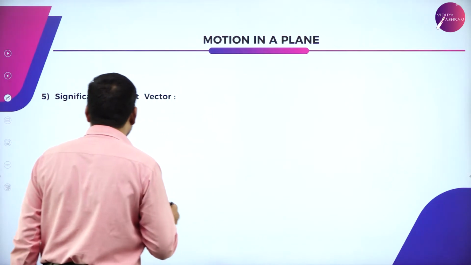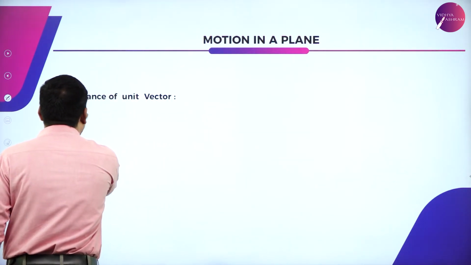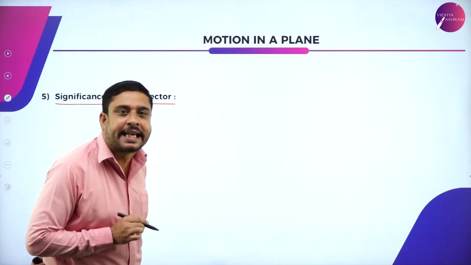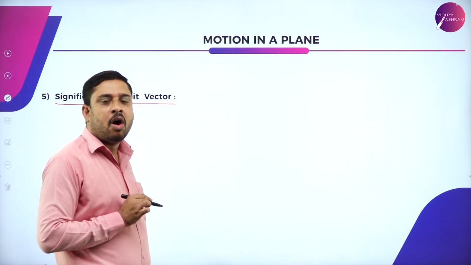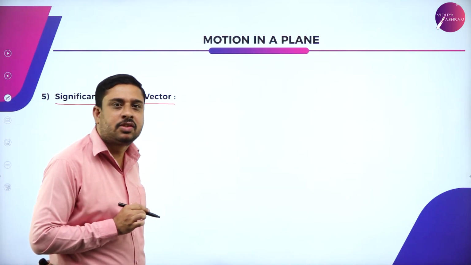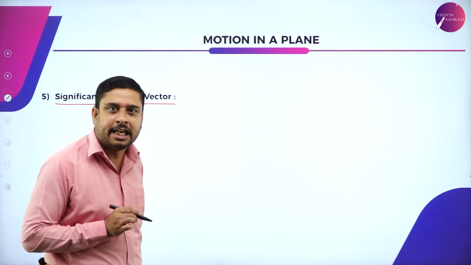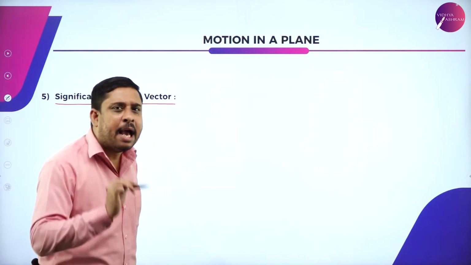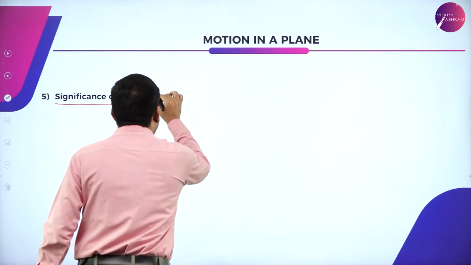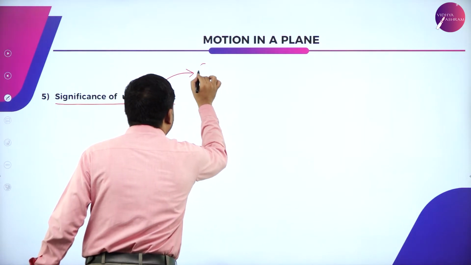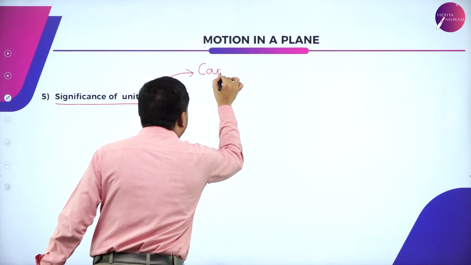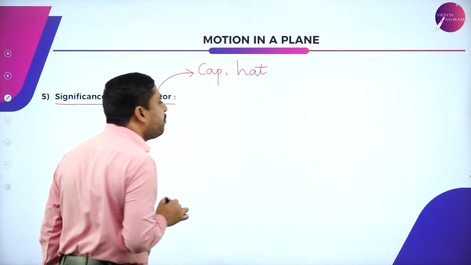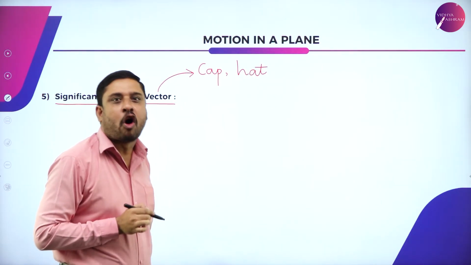Now, we study the significance or importance of a unit vector. What was so special about a unit vector? It is always represented by a cap or a hat on its head.